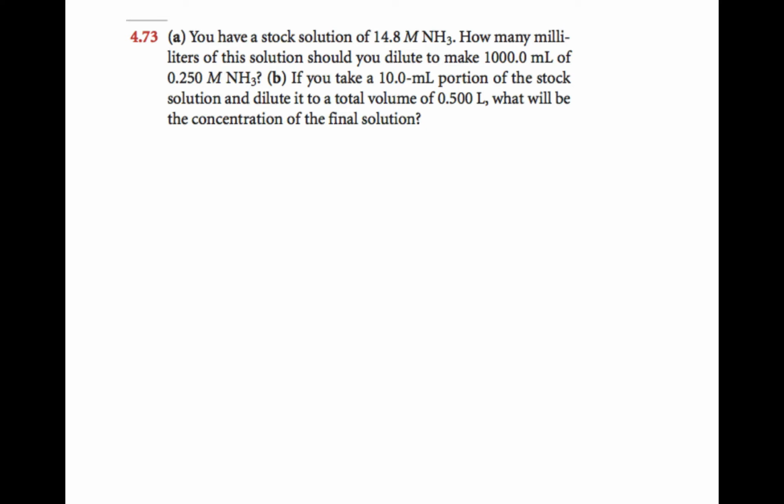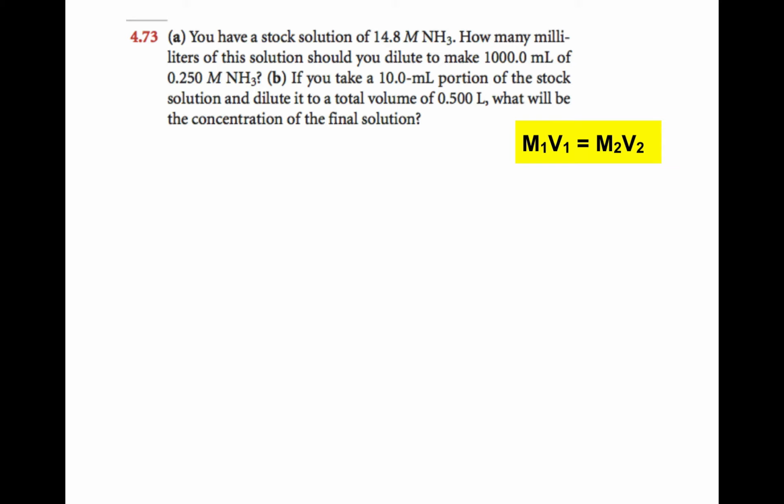All right, problem 73 is a dilution problem, right? You have a concentrated stock solution, and they want to know how many milliliters of this solution you should dilute to make 1,000 milliliters of a 0.25 molar ammonia solution. So we're using that formula, M1 V1 is equal to M2 V2, right?